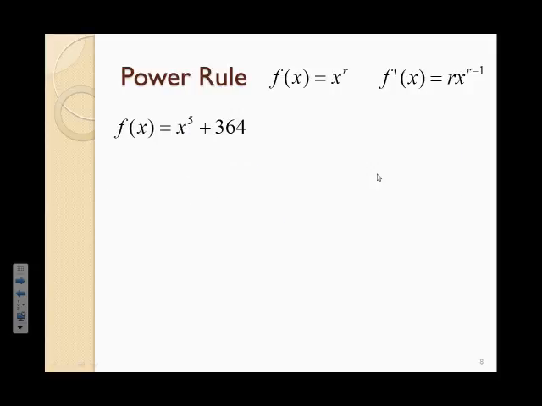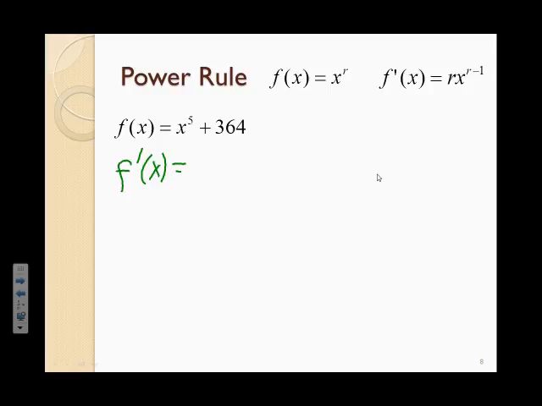Now, getting a little bit more complex with the power rule, if we were going to do f of x equals x to the 5th plus 364, and we wanted to take the derivative, f prime of x, what we're going to do first is look here, everything centers around this 5.